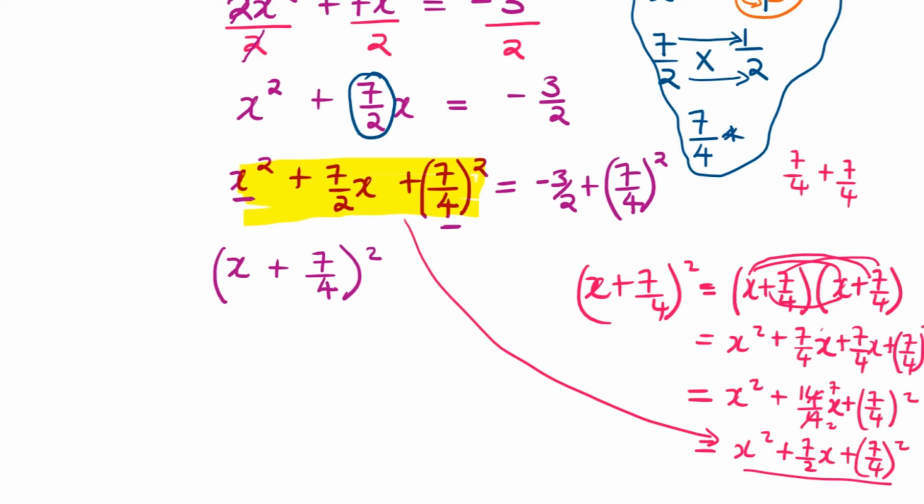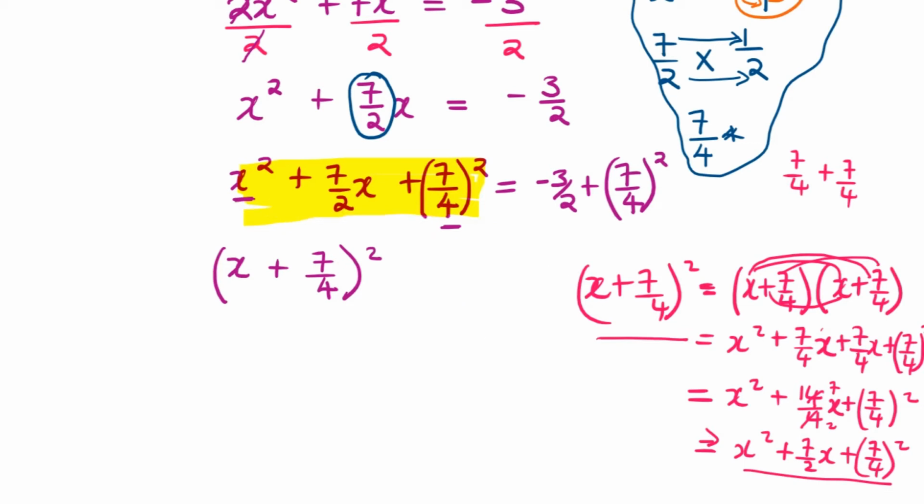We are saying if there is an equal sign there, this part and that part are the same. So in place of x squared plus 7 over 2 x plus 7 over 4 squared, we'll replace it by x plus 7 over 4 squared.